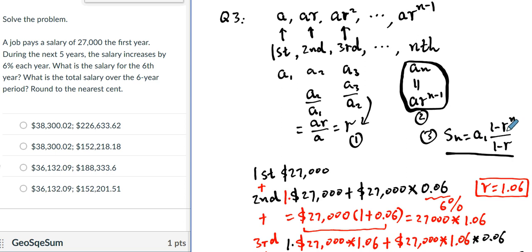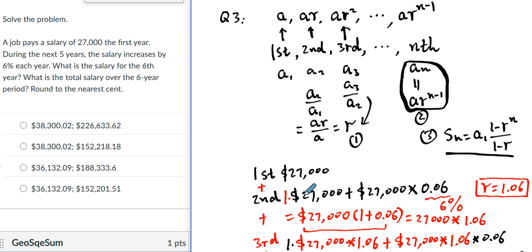The common ratio we can find out. The first year is 27,000. The second year is 6% more than the first year. So besides the base salary, you have to add 27,000 times 6%, which is 0.06.